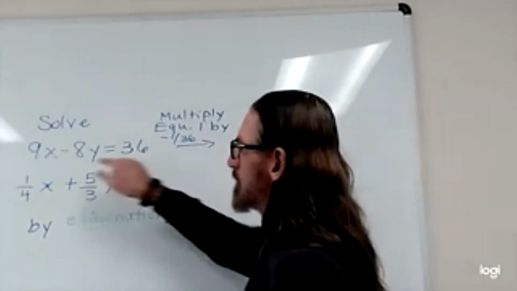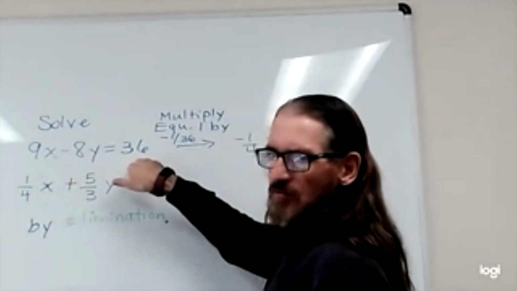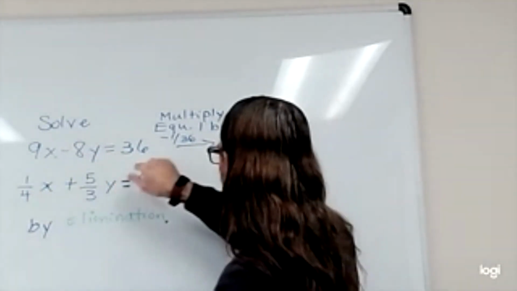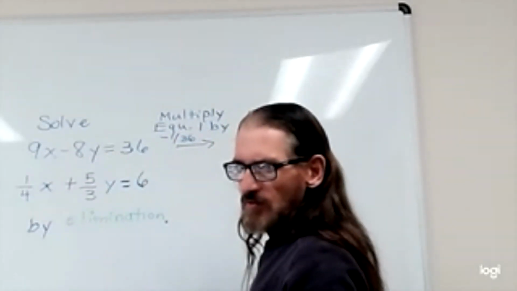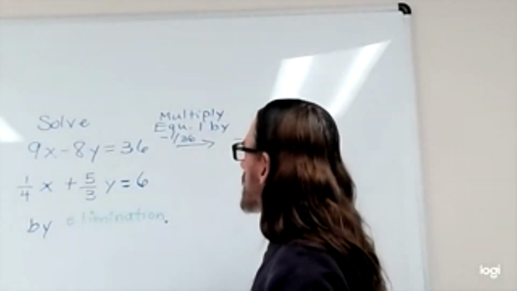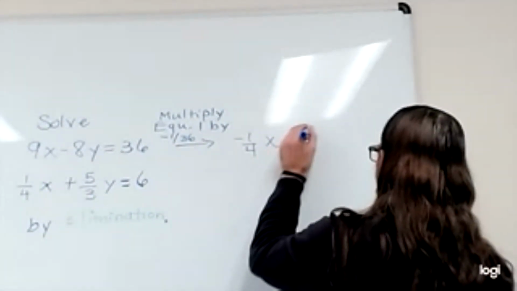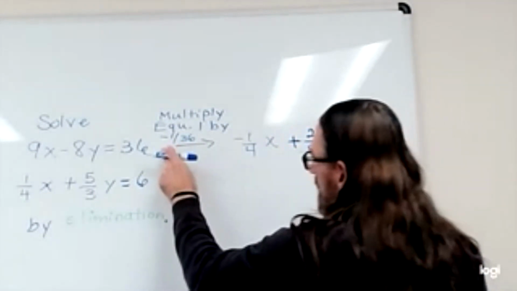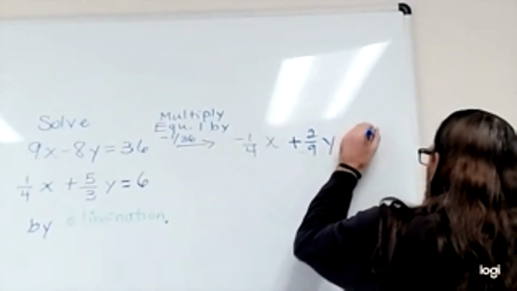I've also got to multiply it to the y term and to the 36 constant on the right. So negative 136 times negative 8, 8/36, which will reduce to 2/9. And then this is going to be negative 1. 36 times negative 136 is negative 1.